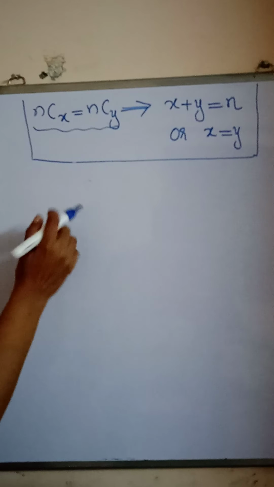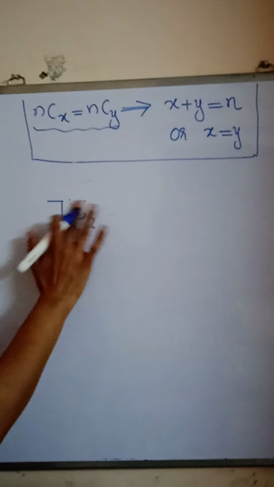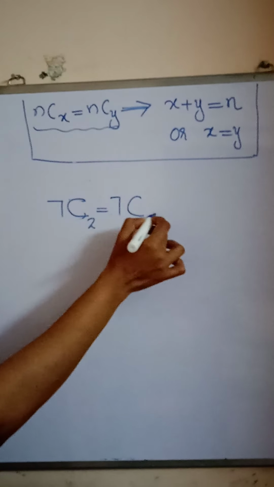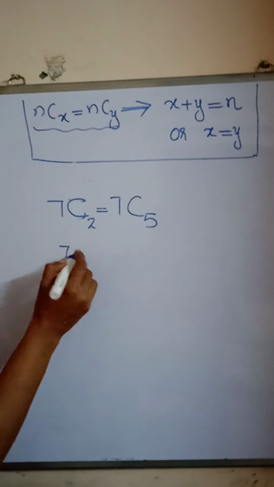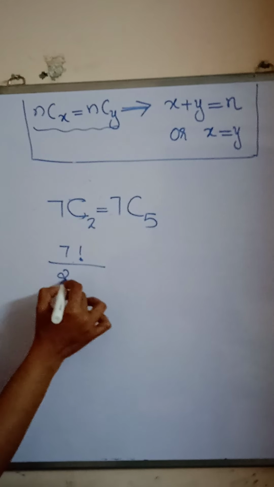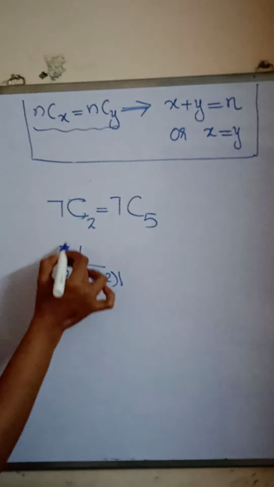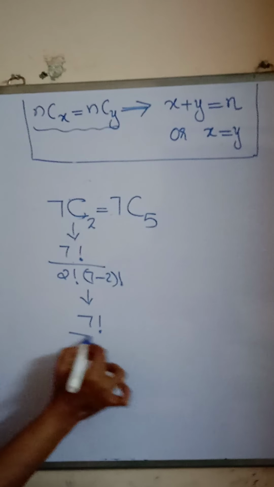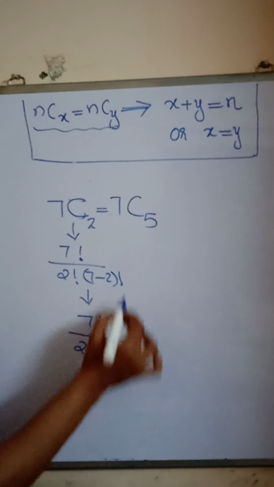For example, 7C2 equals 7C5. 7C2 is 7 factorial divided by 2 factorial into (7 minus 2) factorial, that is 7 factorial divided by 2 factorial into 5 factorial.